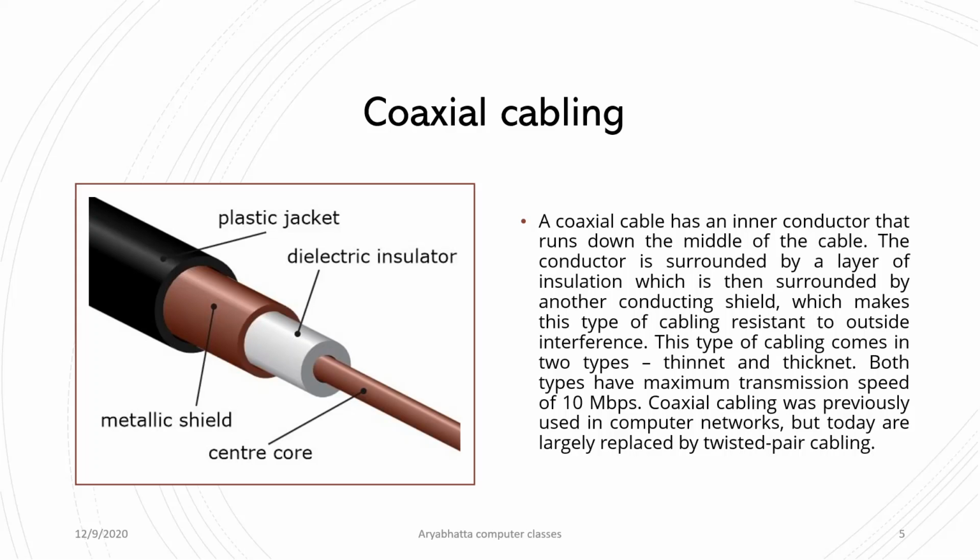The conductor is surrounded by a layer of insulation, which is then surrounded by another conducting shield, which makes this type of cabling resistant to outside interference. This type of cabling comes in two types, thin net or thick net. Both types have a maximum transmission speed of 10 Mbps. Coaxial cabling was previously used in computer networks but today is largely replaced by twisted pair cabling.